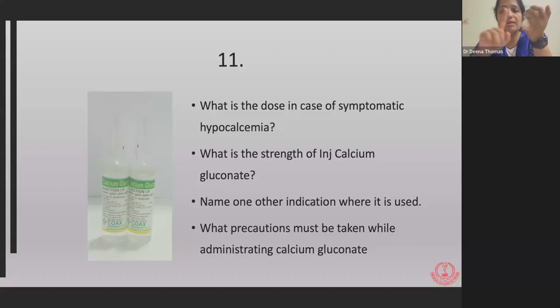If there is any doubt that it may be bulging, give a strict instruction to all the sisters never to give calcium gluconate from any doubtful cannula, because skin extravasation is very bad. It may go into necrosis and sloughing, and the baby and the parents will give you a tough time of your life. So be very careful when you are giving IV calcium gluconate.